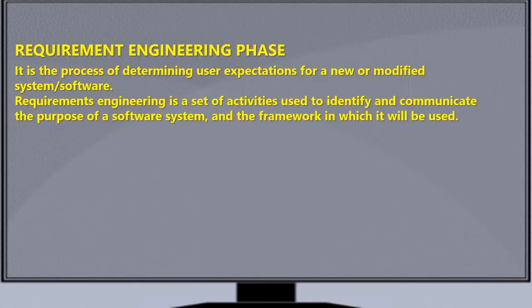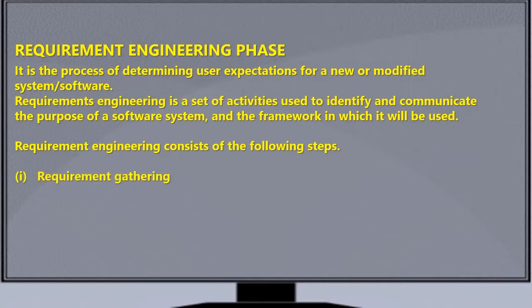Requirements engineering is a set of activities used to identify and communicate the purpose of a software system and the framework in which it will be used. Requirement engineering consists of the following steps: requirement gathering, requirement validation, and requirements management.